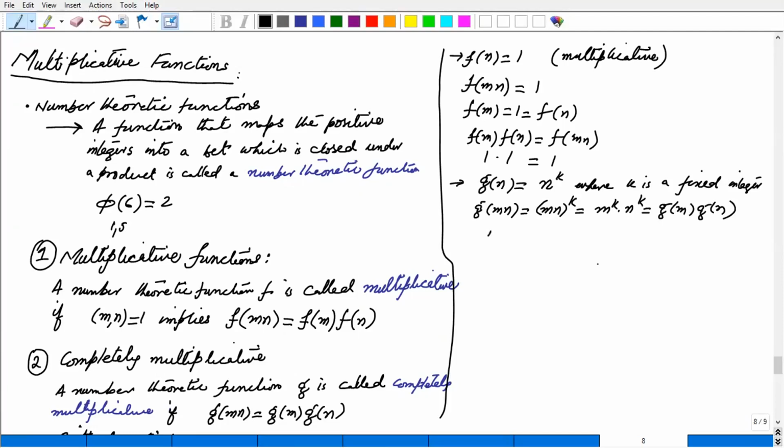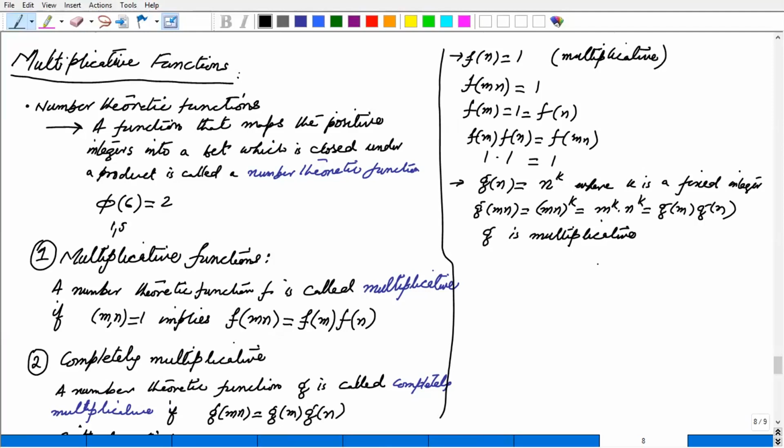So it means g is multiplicative, and all of them are number theoretic functions. Okay.